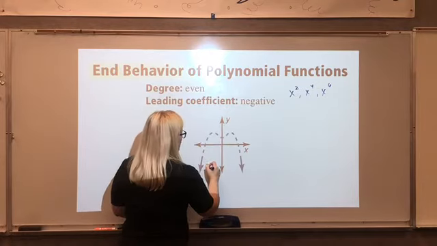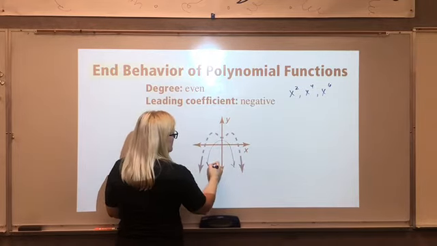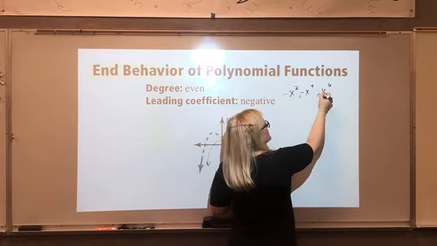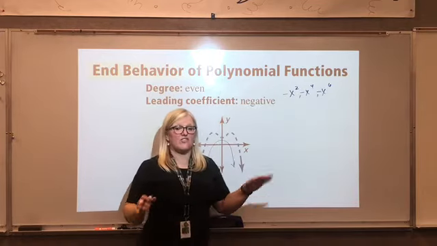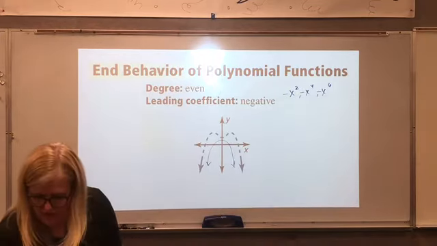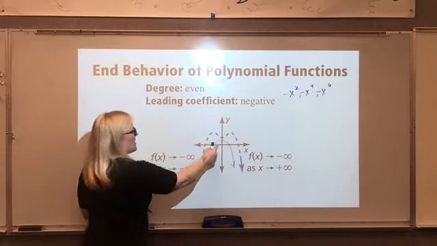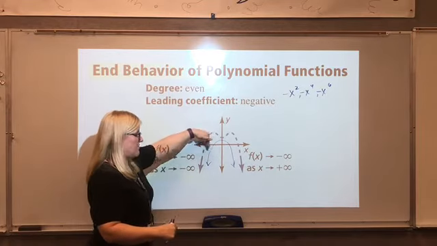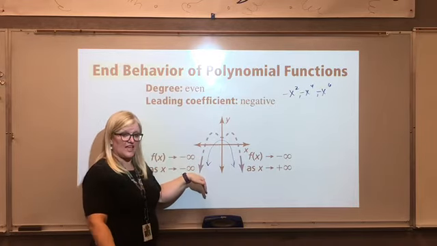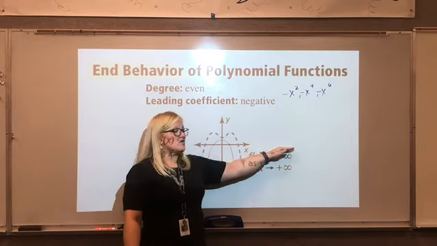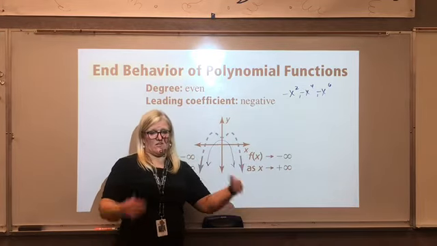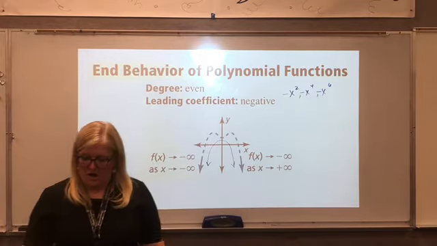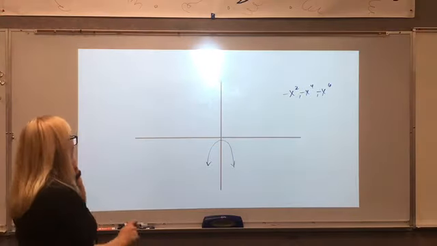If we have another parabola, frowning, this is if our leading coefficient is negative. And so as x is approaching negative infinity, y, or f of x, is also going to negative infinity. And again, as we're going to positive infinity, it's going to negative infinity because it turns upside down. It's a frown.